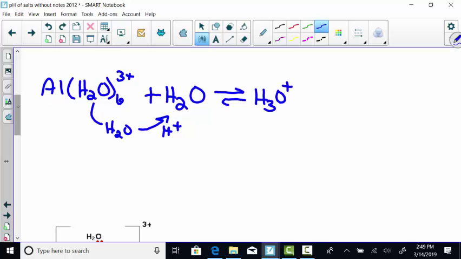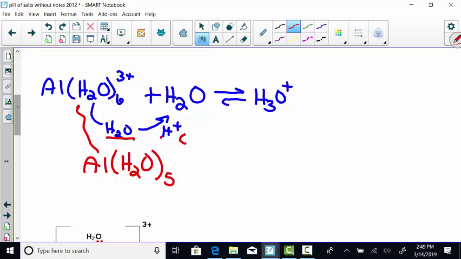you get the H3O plus, but then this becomes weird because now you still have aluminum and you still have water. But one of the waters broke apart. So now you only have 5 waters. But that one water that broke apart was an HOH.